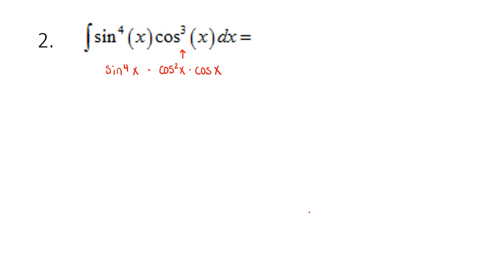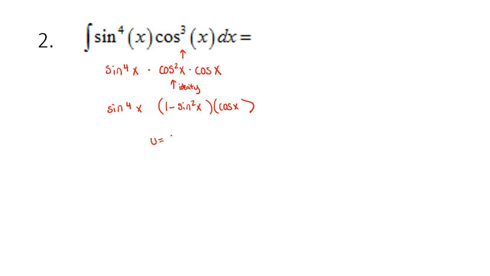Then what I'm hoping you would do is break this cosine squared using an identity of 1 minus sine squared x. Alright, now it's time for u-substitution.